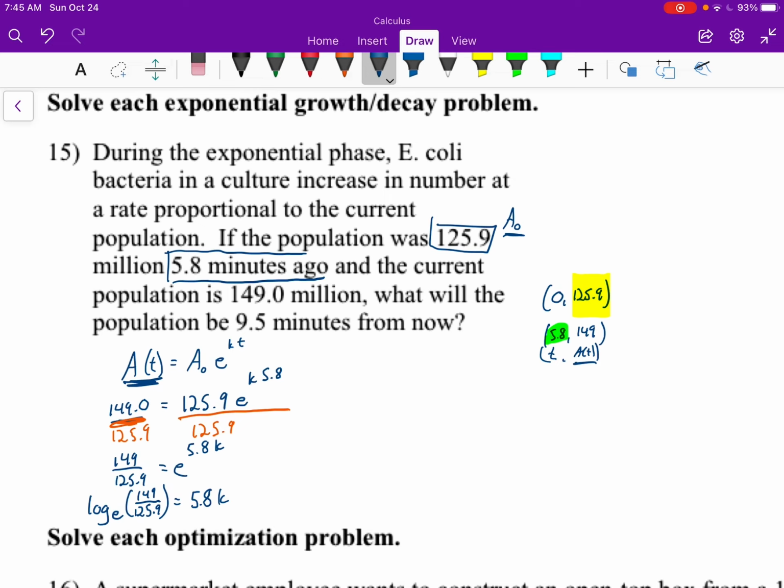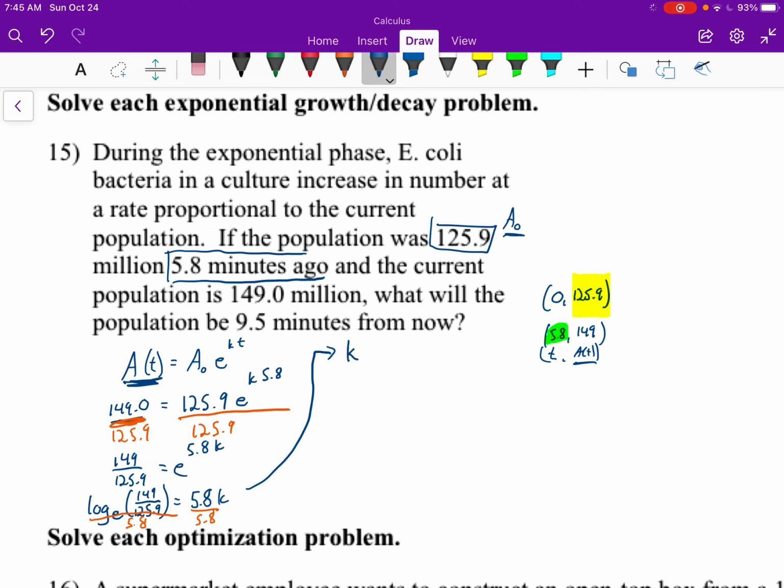Dividing both sides by 5.8, we get our value of k.